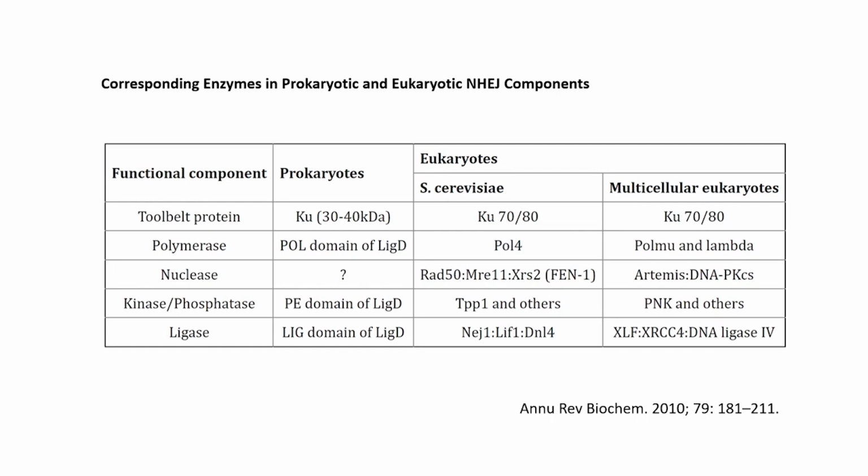The polymerase action is carried out by the Pol domain of Lig-D. Here it is carried out by Pol 4 in Saccharomyces cerevisiae, and in higher eukaryotes Pol mu and lambda are involved. The nuclease activity in prokaryotes is still not understood, although many reports have suggested certain candidate proteins.